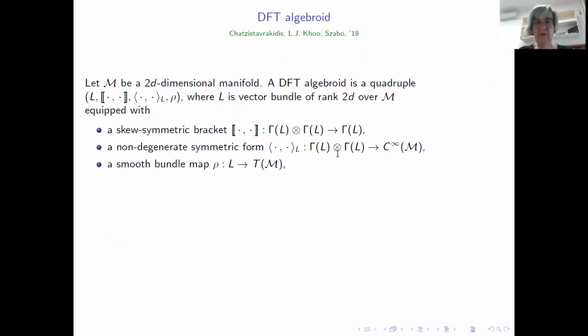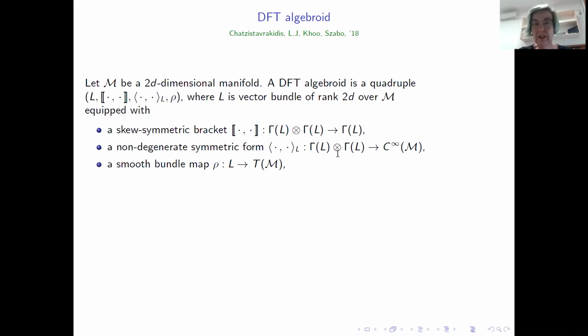So, what is a DFT algebroid? I will not tell you how we constructed it in this paper with Thanasis, Falk, and Richard, but I will just give you a definition. So let's say this calligraphic M be a 2D-dimensional manifold.